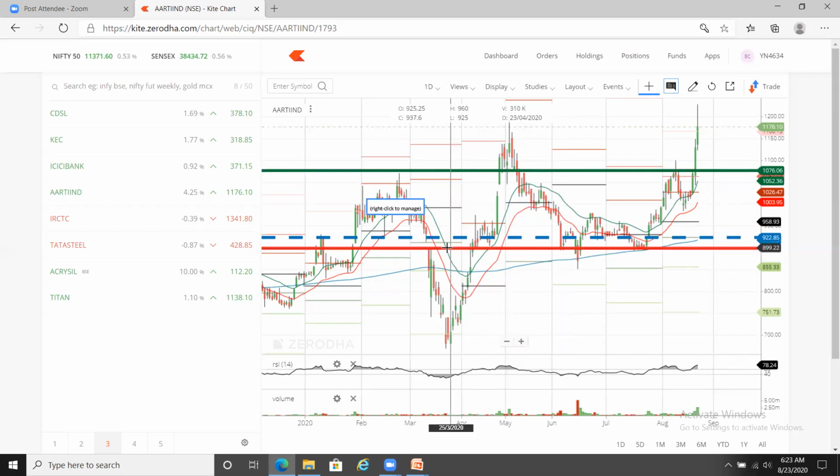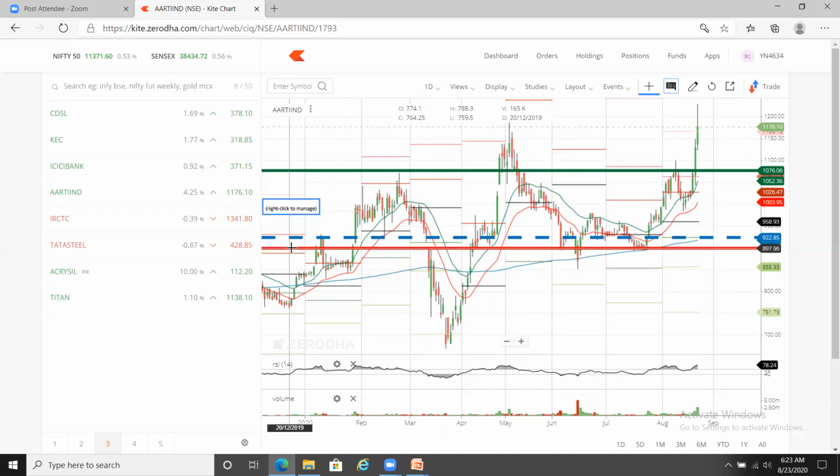If I go back to the timeline, you can see that there is a small gap between 913 to 897, which formed around 12th of March, where we were falling.